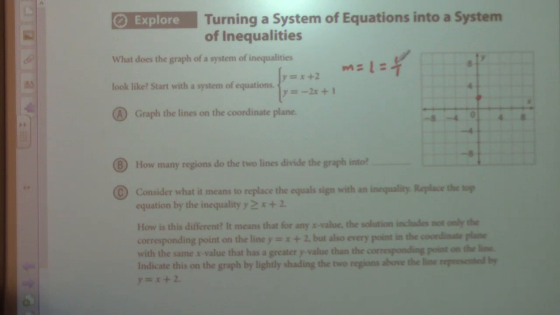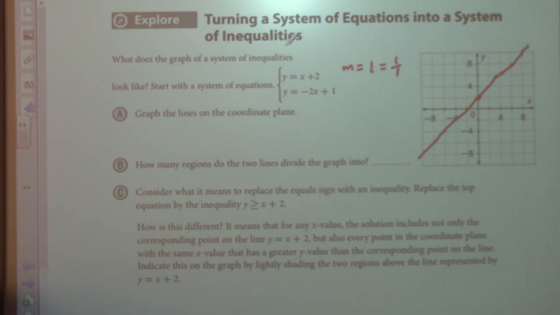Well, it's going to be up 1 over 1. So basically along this trend. So we're going to have this thing right here in red like this. Okay, so that's basically it.